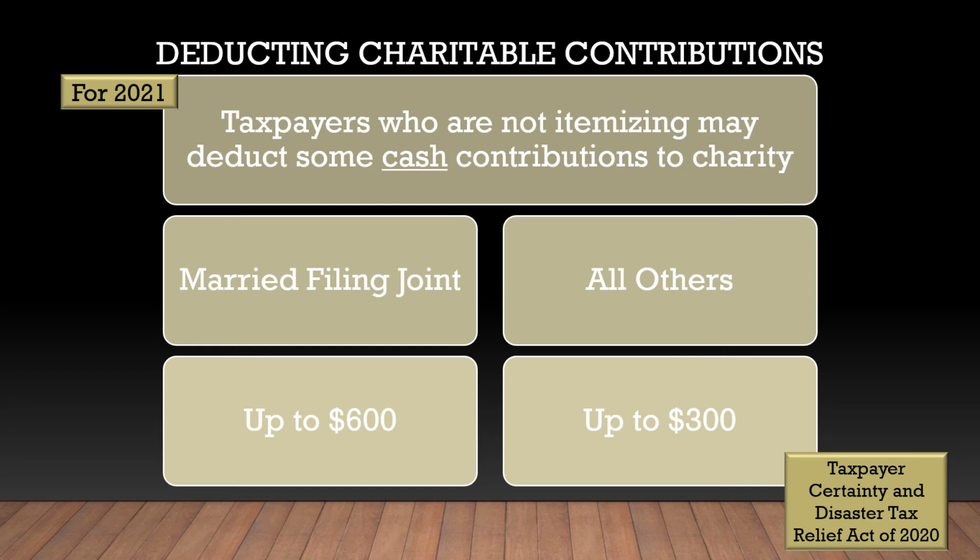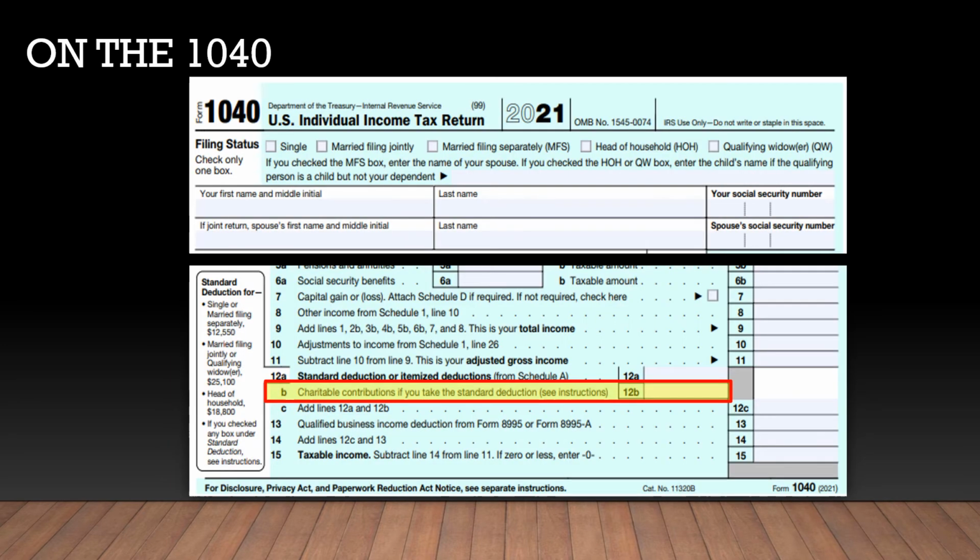You'll end up putting it in the screen that says itemized deductions, is most likely where it'll be in TaxSlayer, but you'll still be able to do that with basic certification. So I just wanted to point out where that is on the 1040, and you can see that's line 12B, charitable contributions if you take the standard deduction.